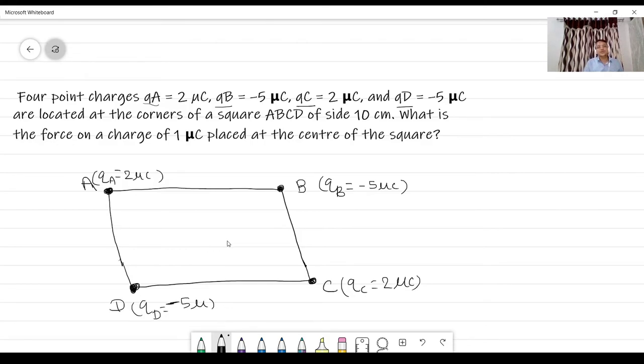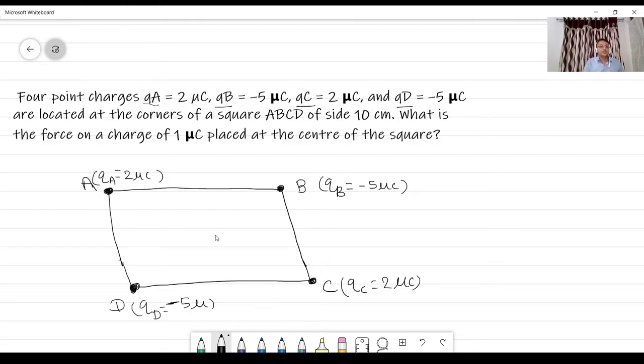I'll be explaining this question in 2 forms. One is how you can solve it in much less time, and then I'll explain the same question using some vector geometry also, so that a subjective answer is there. So let's find the center.